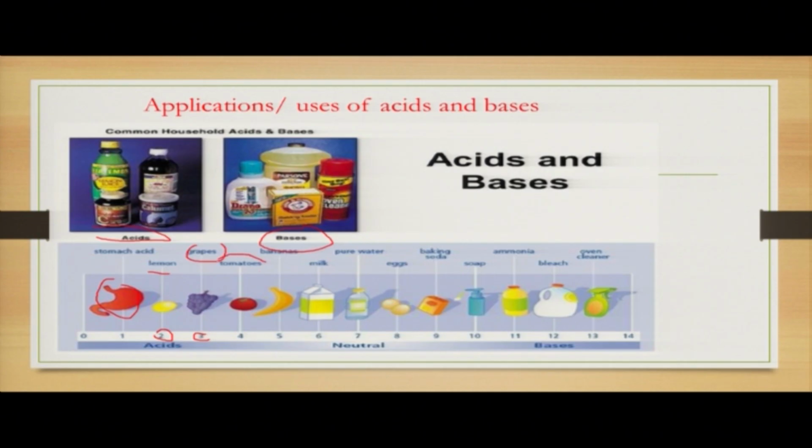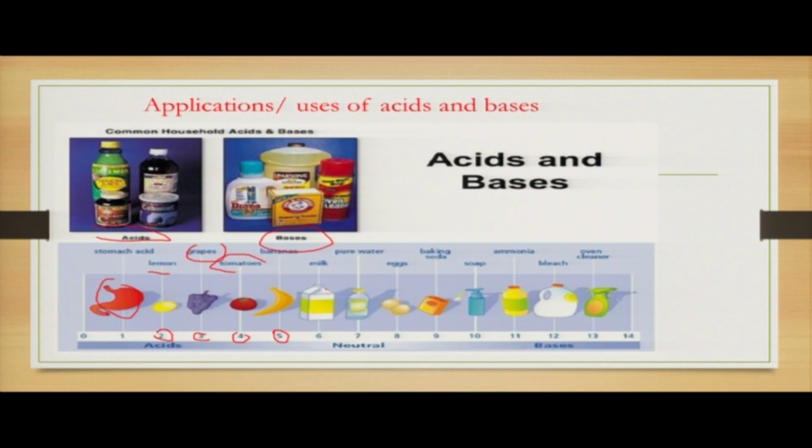Tomatoes also have acids with a pH of 4. We have bananas. Can you believe even in bananas there are acids, because they are also fruits, of course. The acids there correspond to a pH of 5.